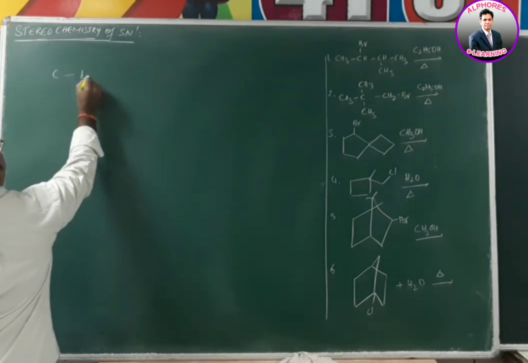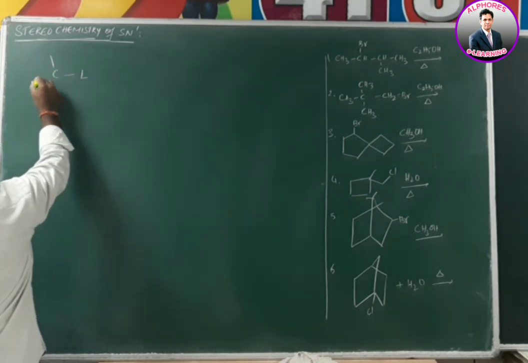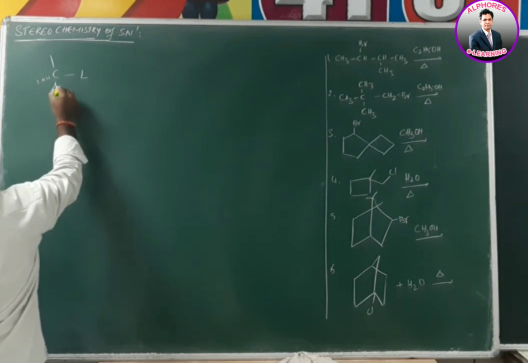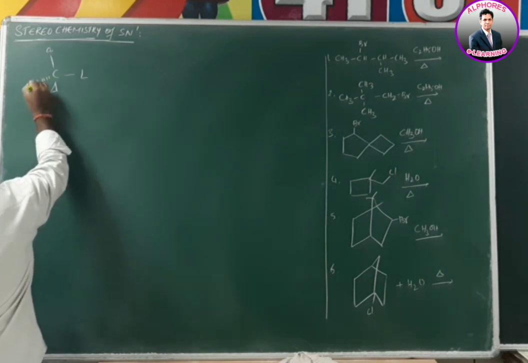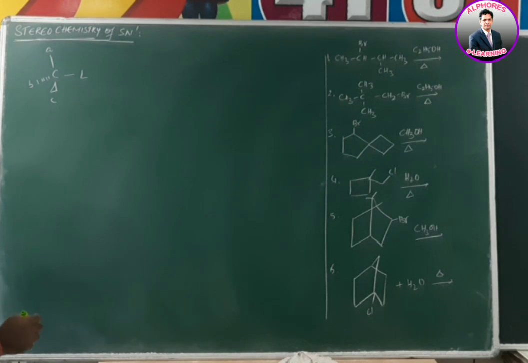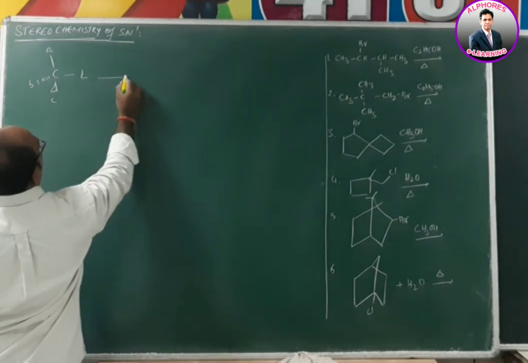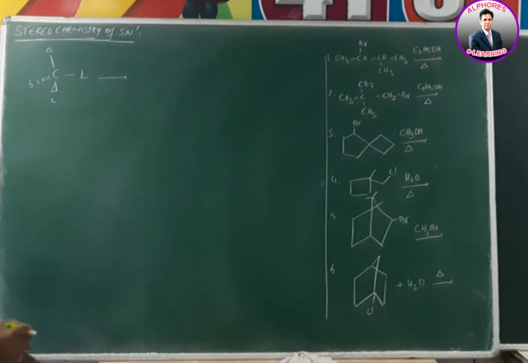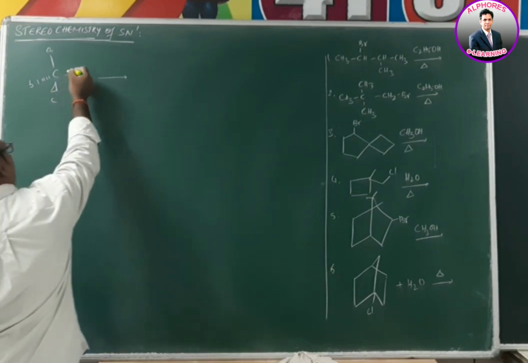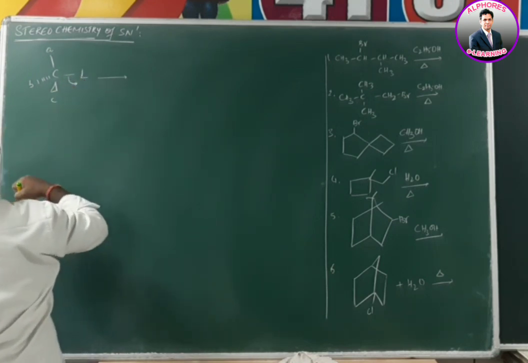Have a look here, a different example I am going to explain. Here the carbon bears a leaving group. Assume all the three remaining groups are different, say A, B and C. In the presence of a polar solvent like water or alcohol, first this L has to take away its bond pair of electrons.